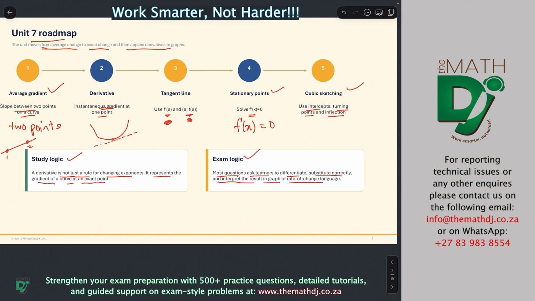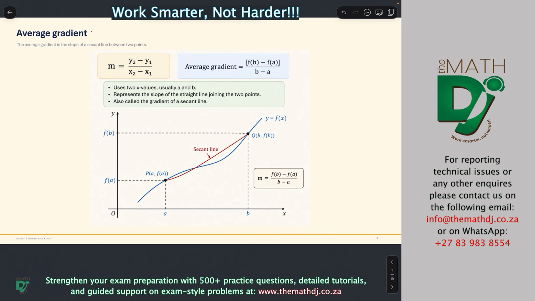We're going to take it step by step, so don't worry too much about it. Let's move on and start with the simple logic. Average gradient is the slope of a secant between 2 points. If you look at the graph below, the line in red is the secant line.